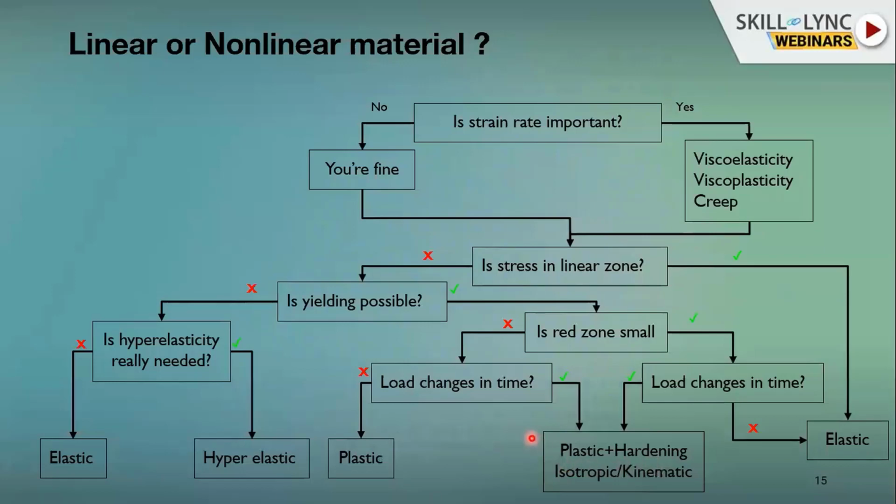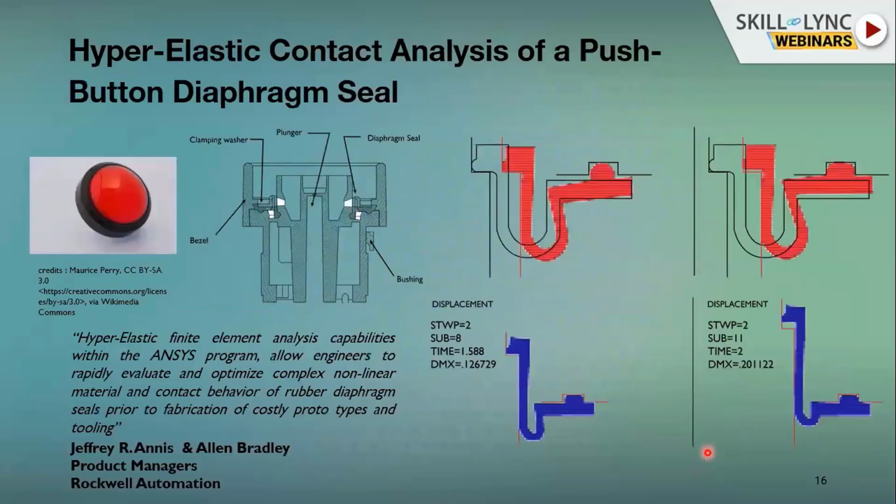So this flowchart is definitely going to help one decide how to model, whether I'm going to model my material up to elastic, or whether it has a hyperelastic effect based on the materials you choose. If you're going to deal with rubber, you go with hyperelastic. If you're dealing with a material that falls in elastic-plastic, you can go with that. And if you're dealing with a plastic material or special polymer compounds, which will further stretch and have hardening, you can go with plastic plus hardening.